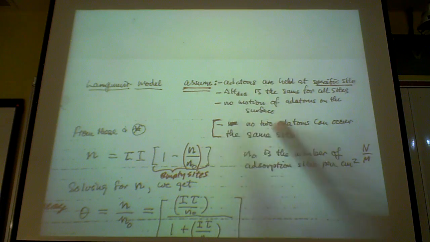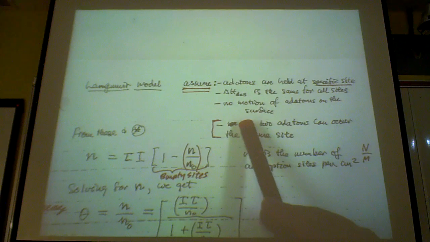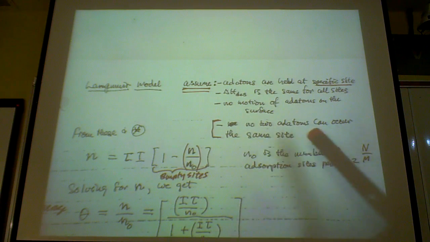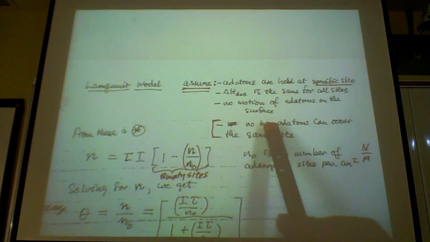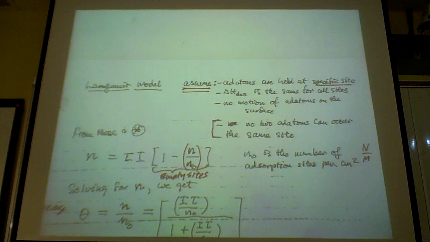Furthermore, this is not a physisorption, not a condensation type model, because he said one last thing, which is that once the site is occupied, you can't put another atom on top. In other words, what does that mean, really? It means that your particle, your atom, your adsorbate, interacts much more strongly with the surface atoms rather than between itself.